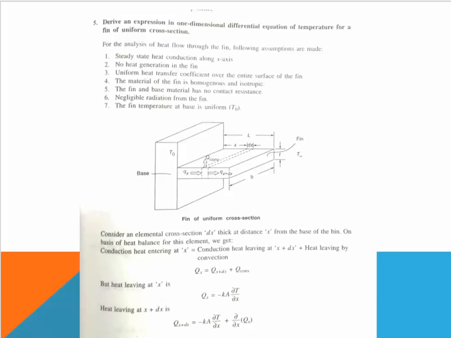But the heat at x is Qx equal to minus KA ∂T by ∂x, and the heat leaving at x plus dx is Qx plus dx equal to minus KA ∂T by ∂x plus ∂Qx by ∂x.